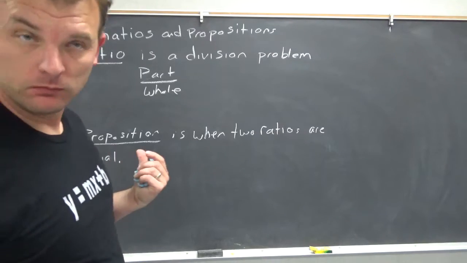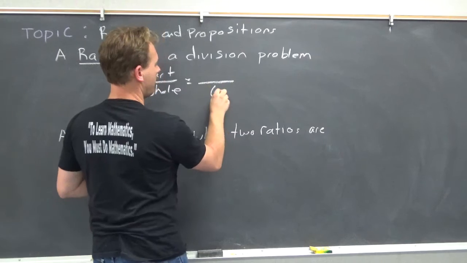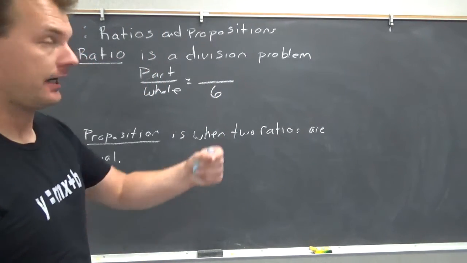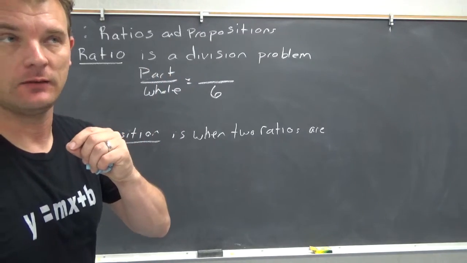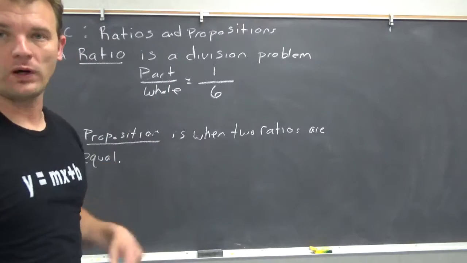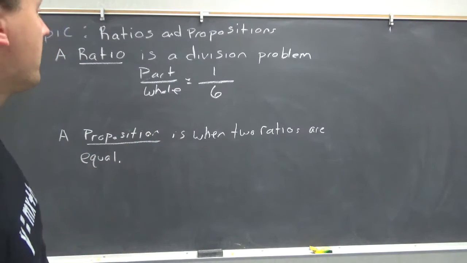So, for example, a piece of pizza. You can say there's 6 slices, and I take 1 slice. So 1/6 of the pizza is what I have eaten.